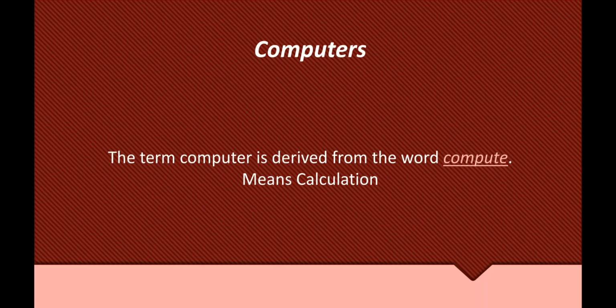Everything can be done by the human being, but the major problem was counting. If there is a large number of equations, it is complex for the human being to compute that. Suppose I just give you 2 plus 2, it is very easy to calculate, 2 plus 2 is equal to 4, and you can calculate within seconds, right?